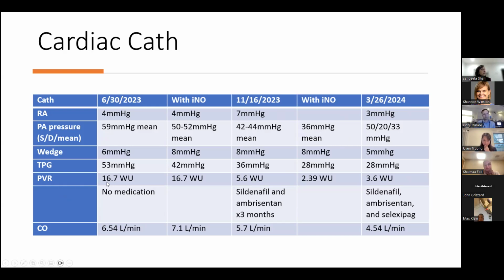Her PVR, we were able to bring down from 17 slowly. Initially we had a PVR of 17. We gave her nitric oxide. It did not change. Started her on pulmonary hypertension medicines. Her PVR dropped to 5.6. With nitric oxide, she got down to 2.4. And then right before surgery on maximum medical therapy for pulmonary hypertension, we got her down to 3.6.